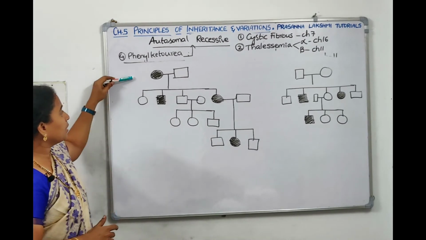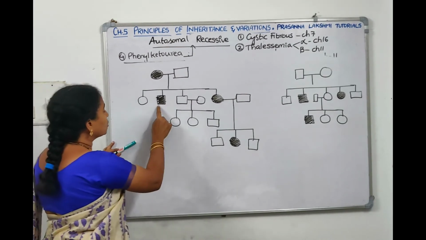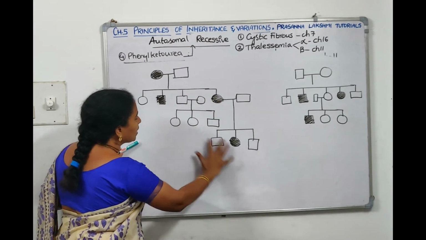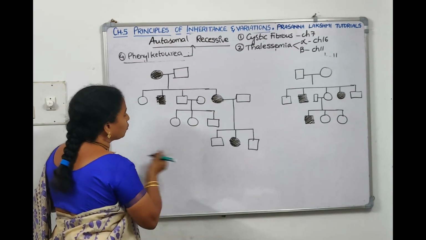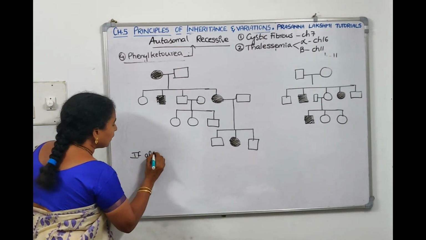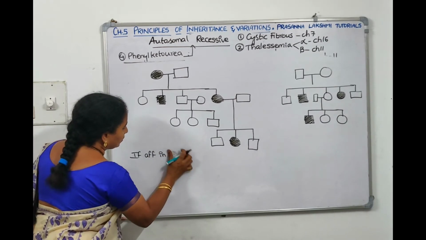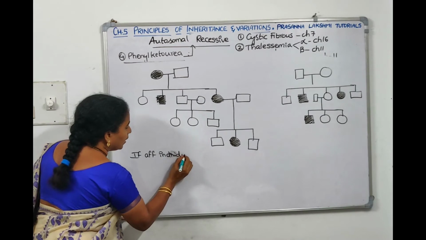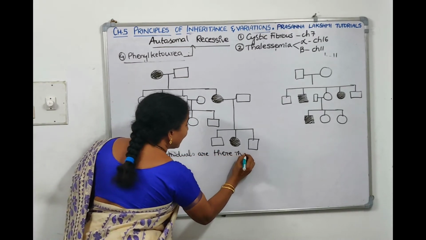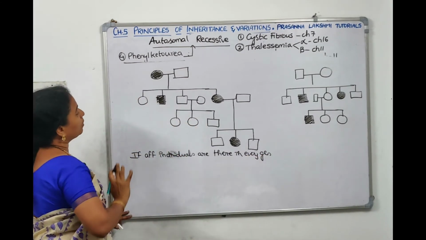In the parental generation, affected individuals are there. In the next generation also, and in the next generation, these three and these three come under one generation, affected individuals are there again. So if affected individuals are there in every generation, then consider it autosomal dominant.